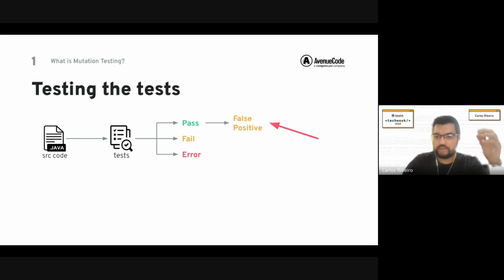For example, when our test passes, it could be a false positive. Why? Because most testing frameworks have a concept where they run the source code, compare the results, and if the results match, nothing happens.